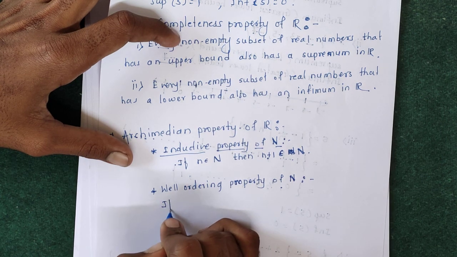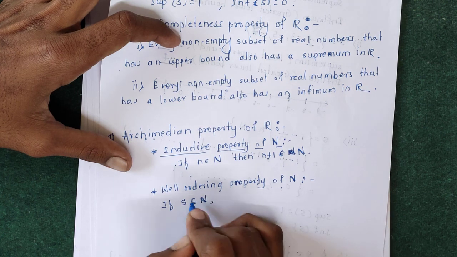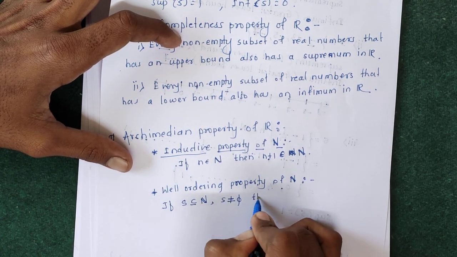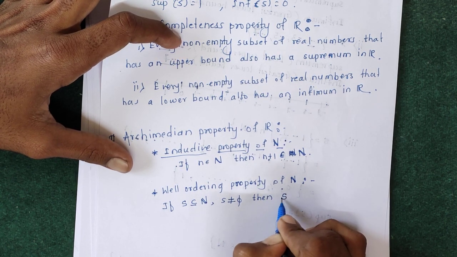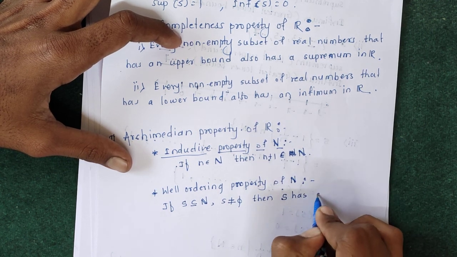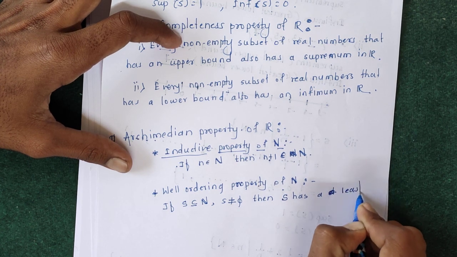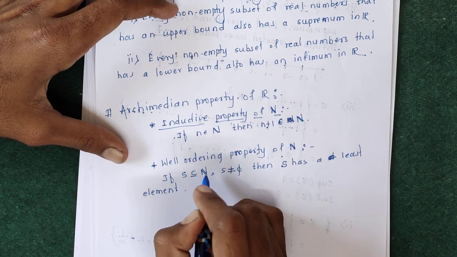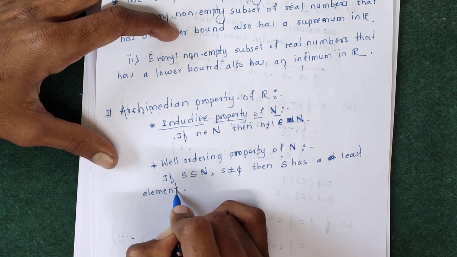If S is a non-empty subset of natural numbers, then S has a least element. Every non-empty subset of natural numbers has a least element. This is the well ordering principle.